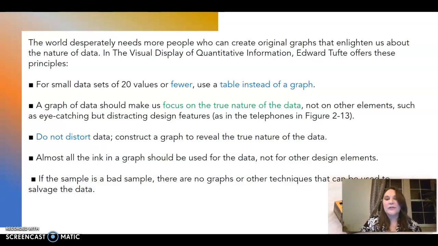Almost all the ink in the graph should be used for the data, not for the title, not for other graphics. And again, remember that this all boils down to having a good sample. You don't want to present numbers that came from a bad sample. And so that closes chapter 2 about statistics and how they're displayed.